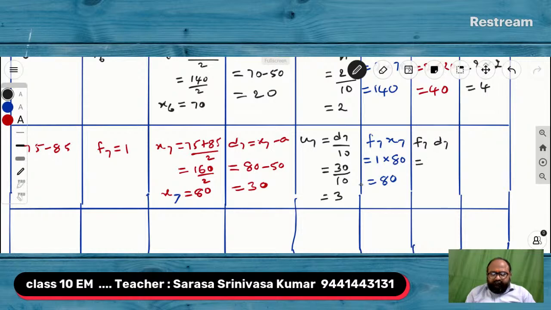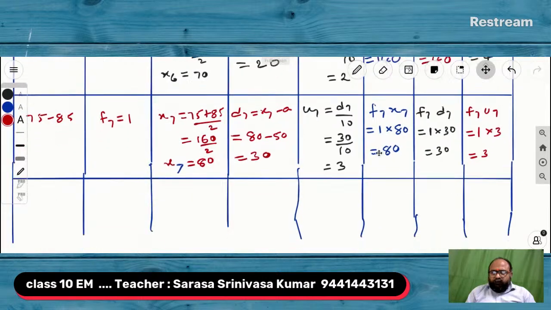This is equal to f7, which is 1, multiplied by d7, which is 30. That is equal to 30. Next, f7 u7 is equal to 1 multiplied by u7, which is 3. So we get 3.